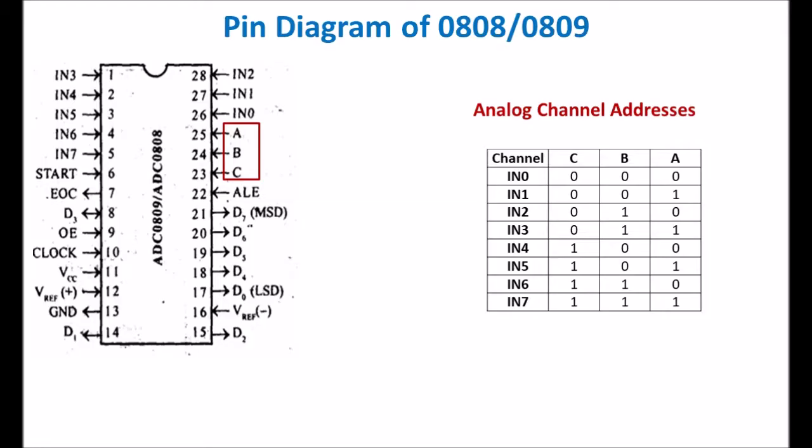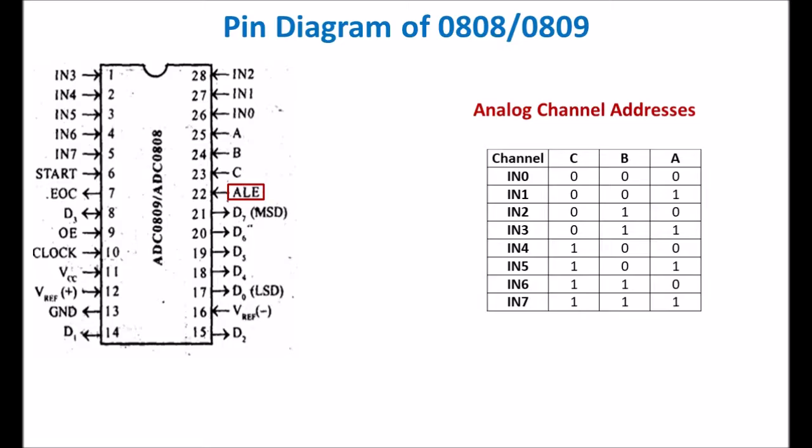After placing the address of a particular channel on the address bus, the user has to latch this address. For that, the ALE signal is used. It is the address latch enable signal and the user has to give a low to high pulse at the ALE terminal to latch the address.